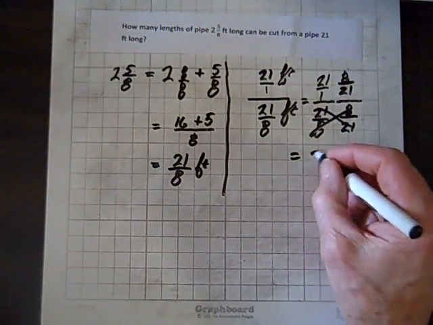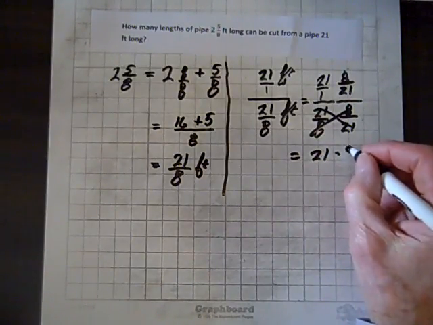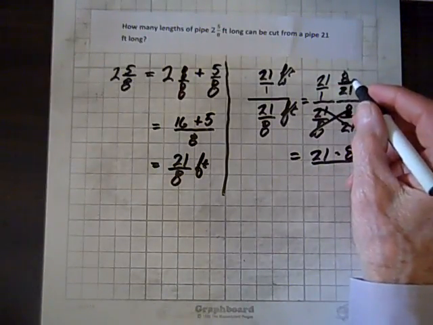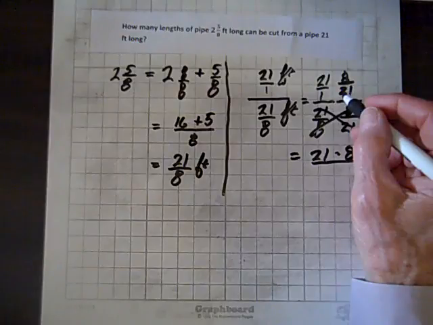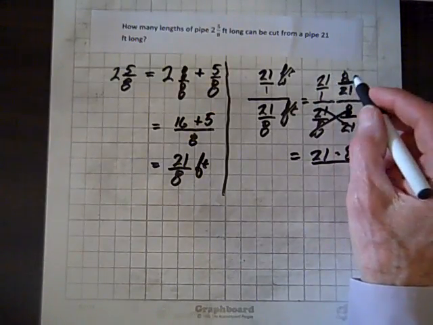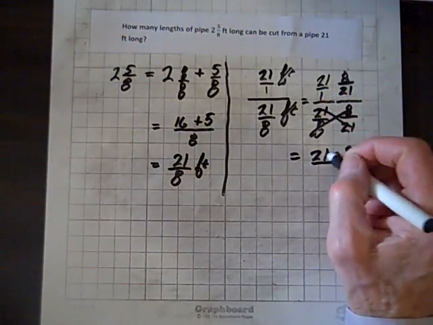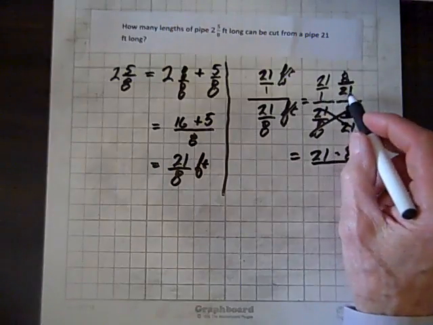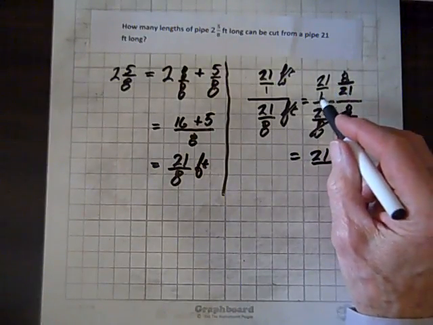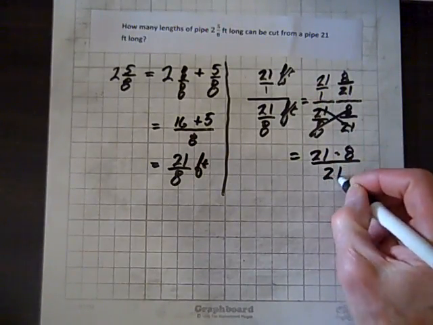And what we have now is 21 times 8. And when you multiply, by the way, you just multiply straight across. When you divide, you have to invert and then multiply. But when you multiply fractions, you just multiply straight across. Here's the product of the numerators, and here's the product of the denominators. 1 times 21 is 21.